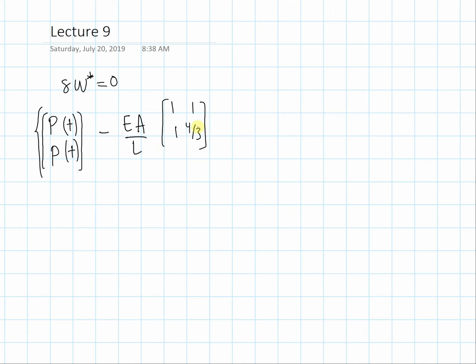Because the inertial term is always counteracting the stiffness term, we have to put a minus here. So whatever forces we got, we subtract that. So we have rho A L, 1/3, 1/4.